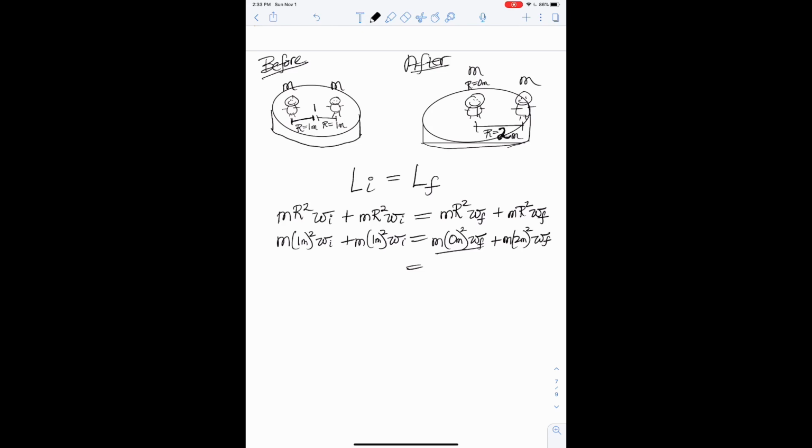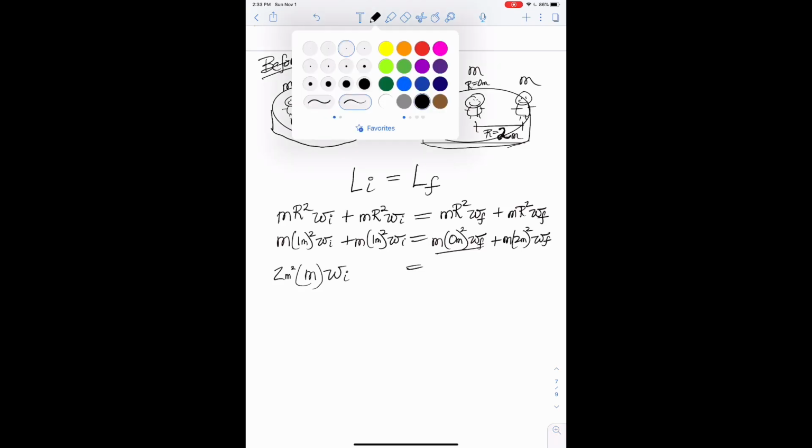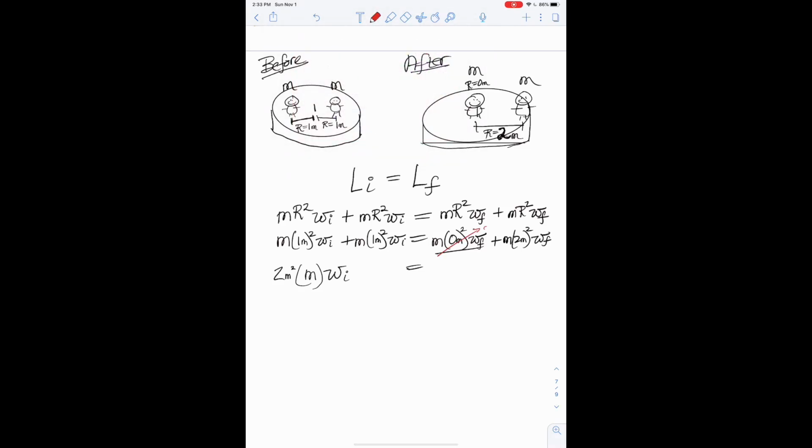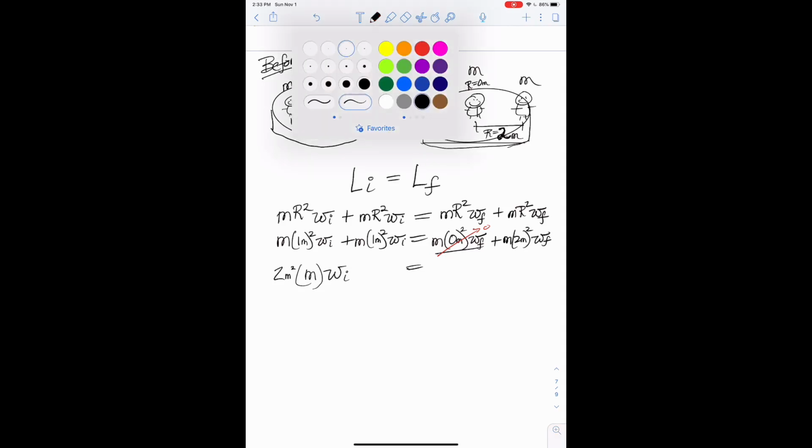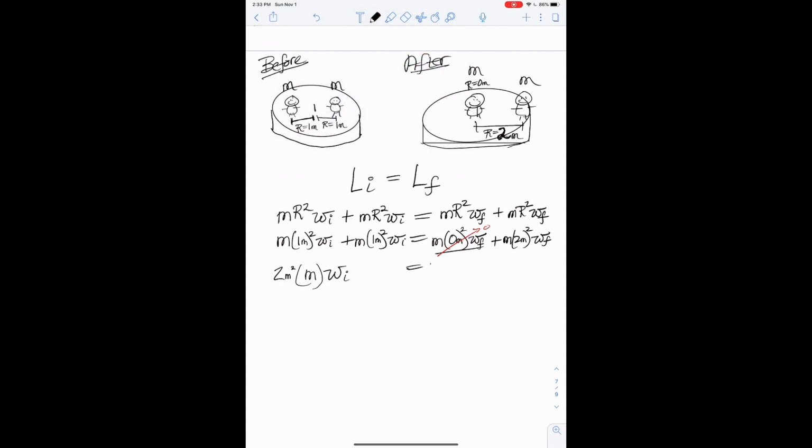So I should get 2 meters squared, right, times m omega i. Yeah, okay. And then on this side, we can go ahead and get rid of this, and we're left with this.